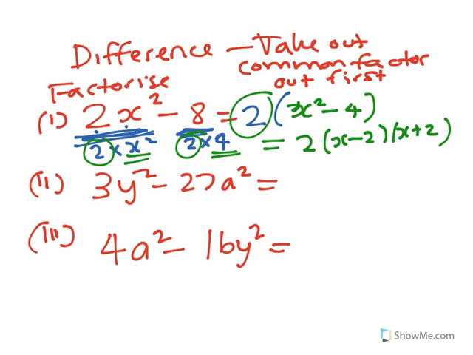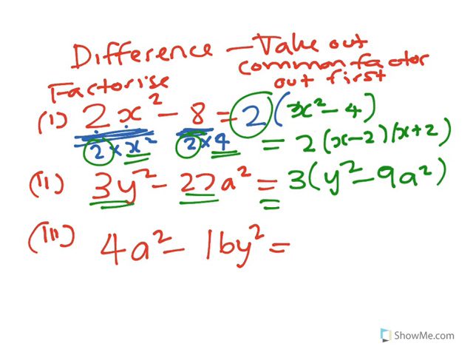So you've got the 2, and then it's going to be x minus 2, x plus 2. Okay, so let's look at the next one, common factor 3. So it's 3 times y squared, and then 3 9s, and we've got an a squared there. Now we have the difference of 2 squares. It's a square and that's a square. So it's going to be 3 lots of y minus 3a, y plus 3a.